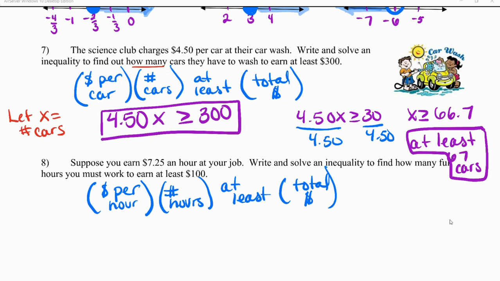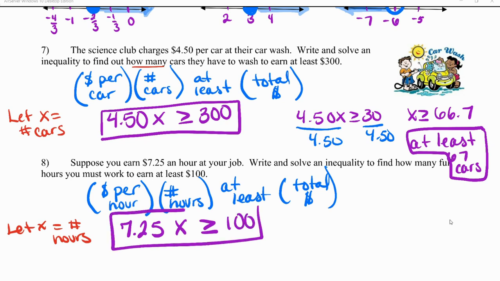So the piece that we don't know is we don't know the number of hours. And now let's fill in what we know. So we make $7.25 an hour times X number of hours. At least is greater than or equal to, and we want to earn at least $100.